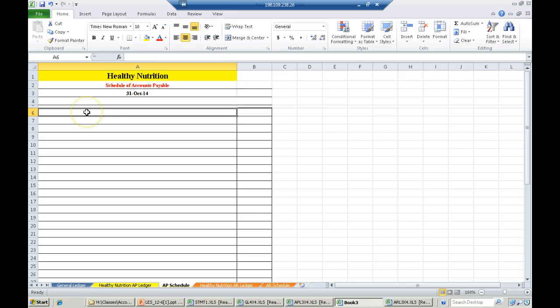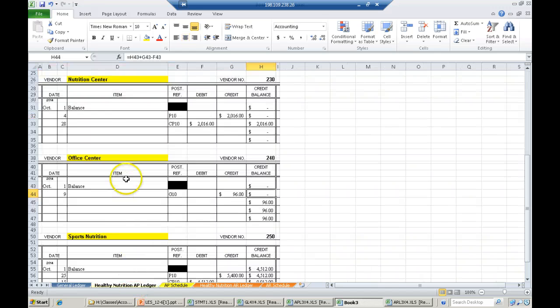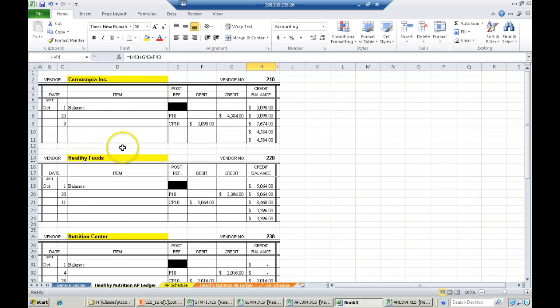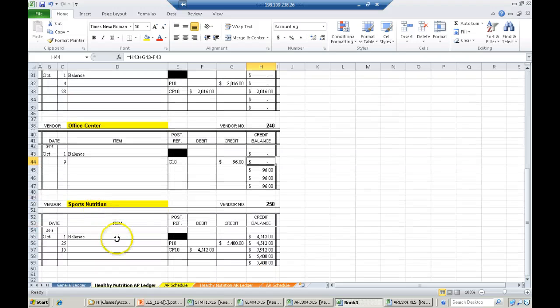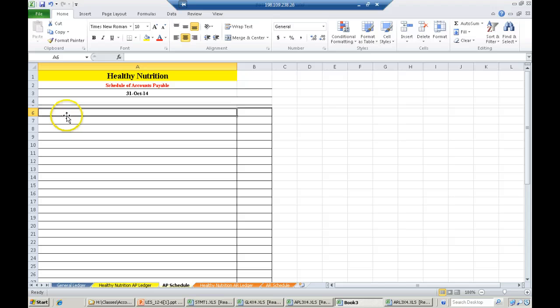So let's go ahead and put in the names of our accounts payable. These are our subsidiary accounts. We have Cornucopia, Healthy Foods, Nutrition Center, Office Center, and Sports Nutrition. And that's what we're going to put in these boxes here. So let's put Cornucopia. Hit enter.